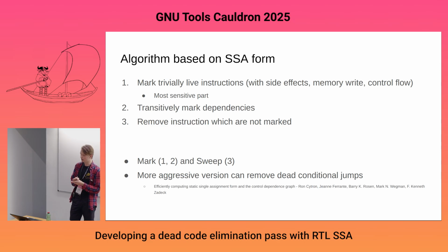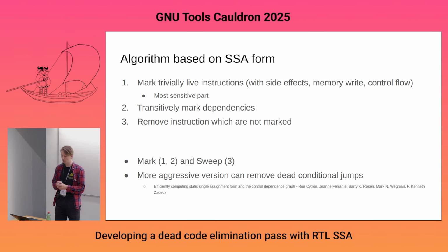The second step is to transitively mark dependencies of trivially live instructions, and the third step is to remove all the instructions that were not marked.